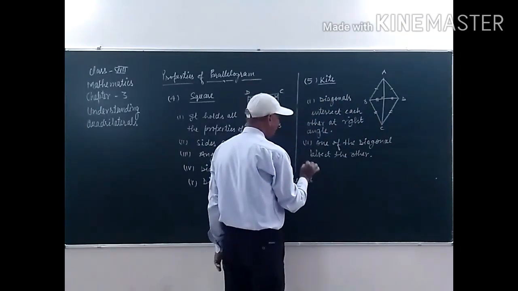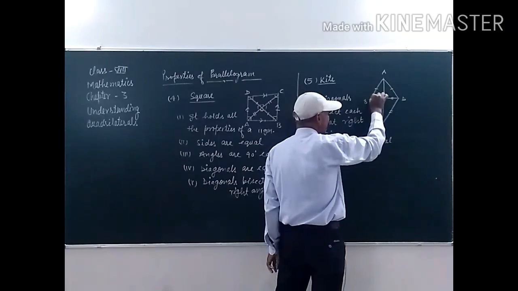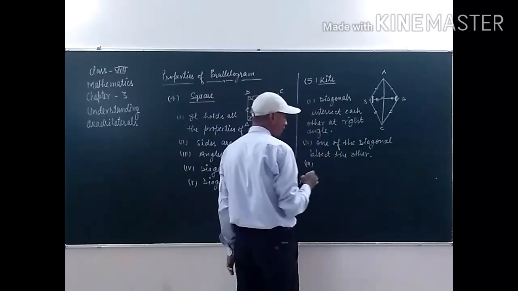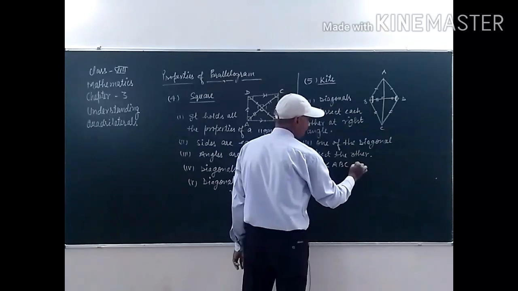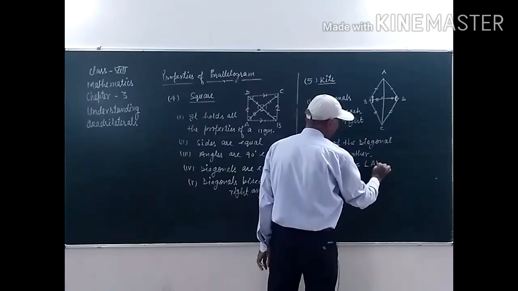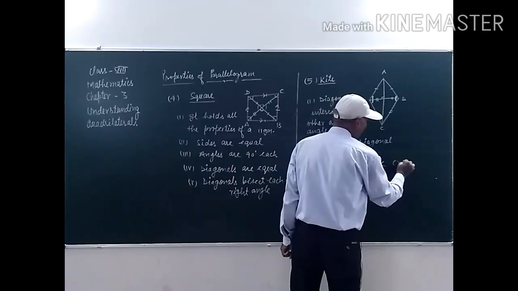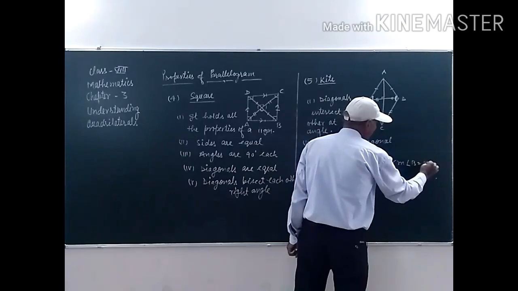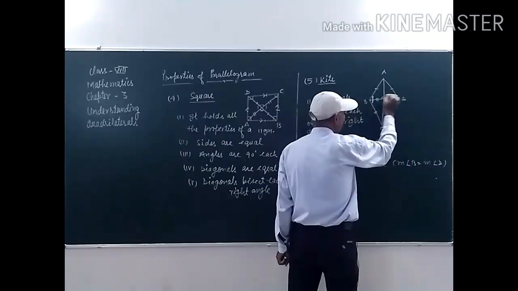And third property, that is one pair of opposite angles is equal, means angle ABC is equal to angle ADC, or you can simply say that measure of angle B is equal to measure of angle D. This will be equal, student.